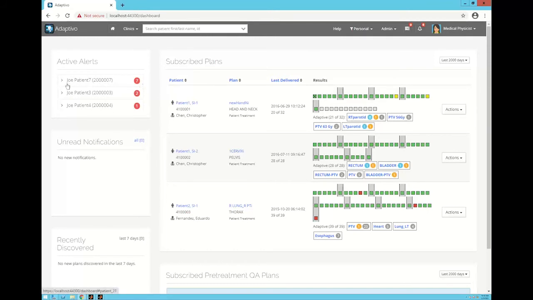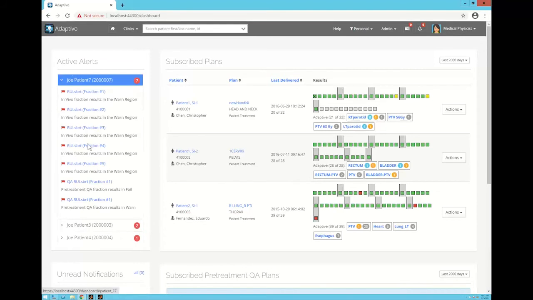I'm not a very good physicist, so I haven't been keeping up with my alerts. This particular patient has 7, 2, and 1. And if you want to open up, you can see more detail associated with which fractions and if those are warn or fail and what the alerts are.